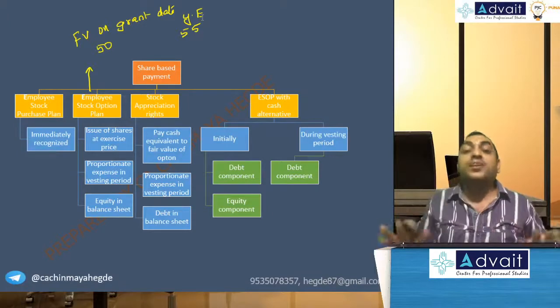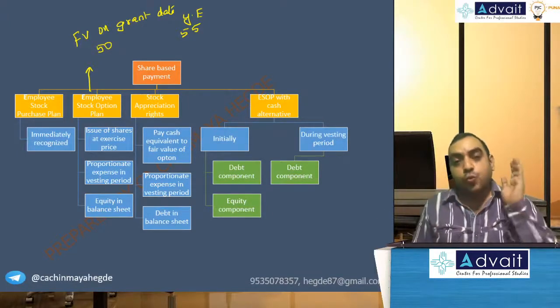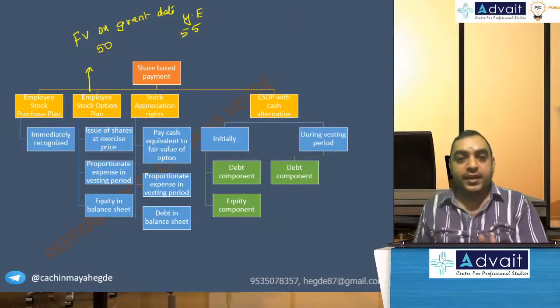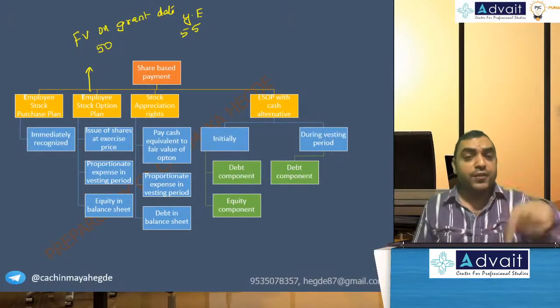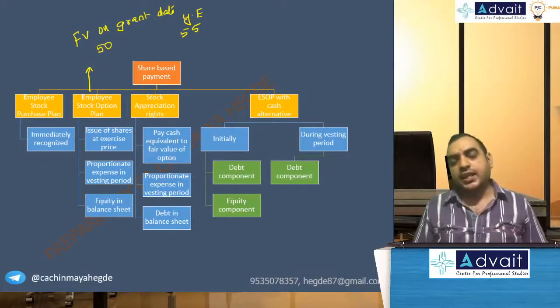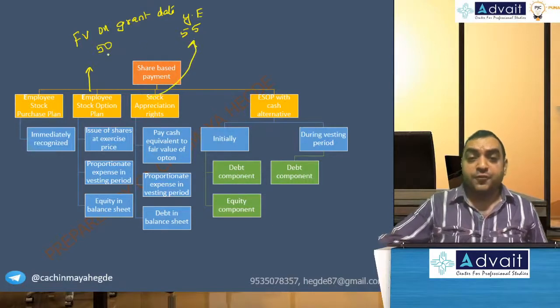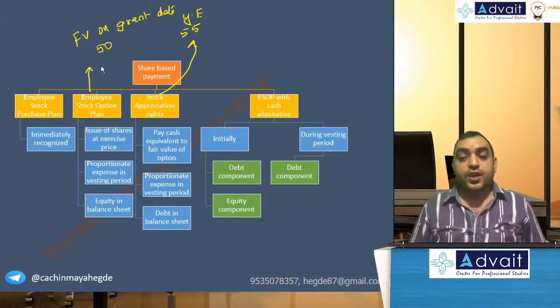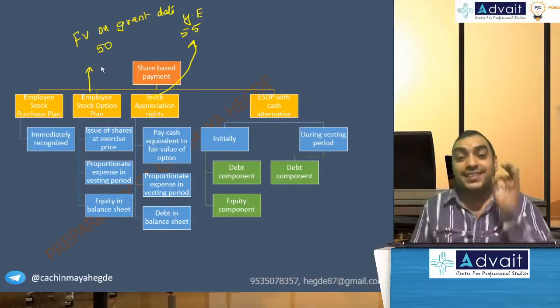Similarly, ESOP, being in the nature of equity, once recognized on the grant date is not remeasured for fair value. The number of employees expected may change, I'll come to that.